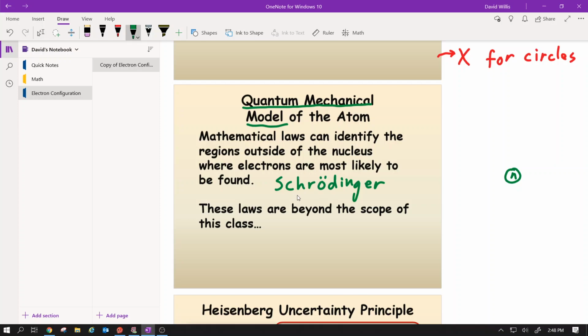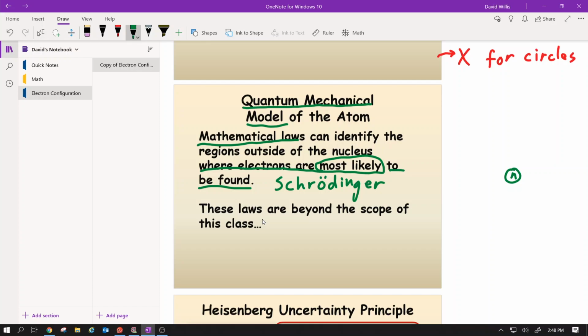Schrödinger was responsible for the development of the quantum mechanical model. Schrödinger generated some mathematical equations that when they are solved, they tell us where the electrons are most likely to be found. They do not tell us where the electrons are.